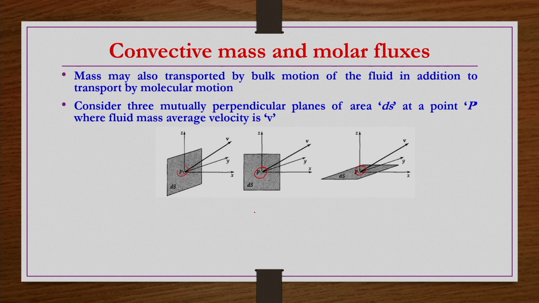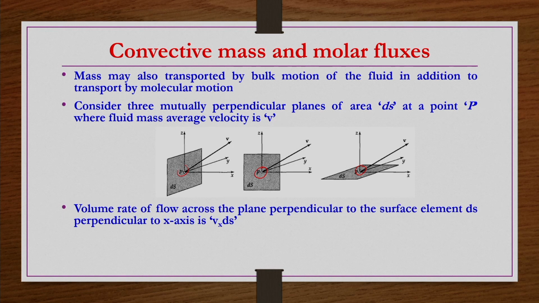That is a simple difference. So, the volume rate of flow across the surface element ds perpendicular to the x axis would be nothing but Vx ds, simple, because the mass average velocity at the point P has component Vx, and the area of the plane perpendicular to the x direction is ds.